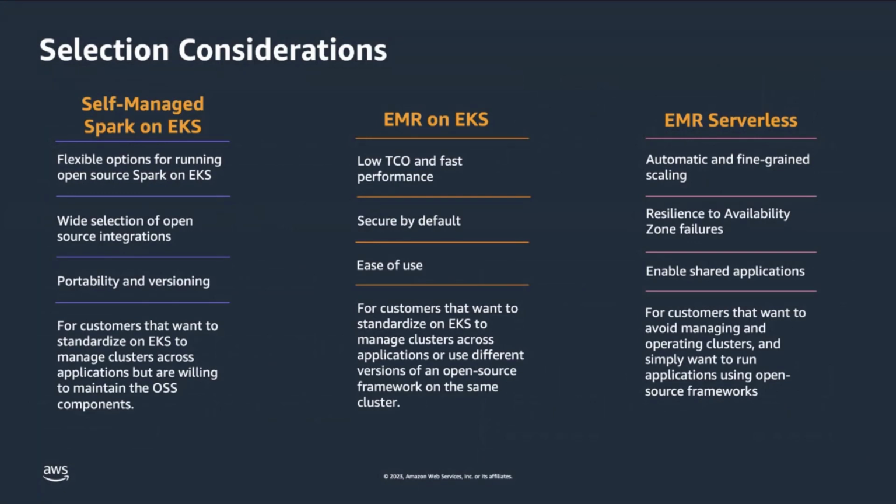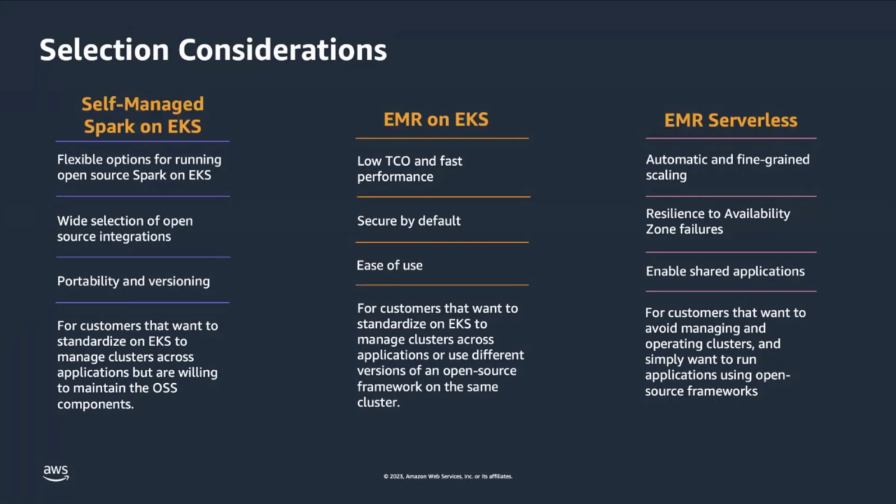Just to look at the dimensions in terms of making these considerations, one would be the self-managed option on the left, self-managed Spark on EKS, which is a flexible option for running open source Spark. You have access to all of the open source integrations that are compatible within the community, portability and versioning.